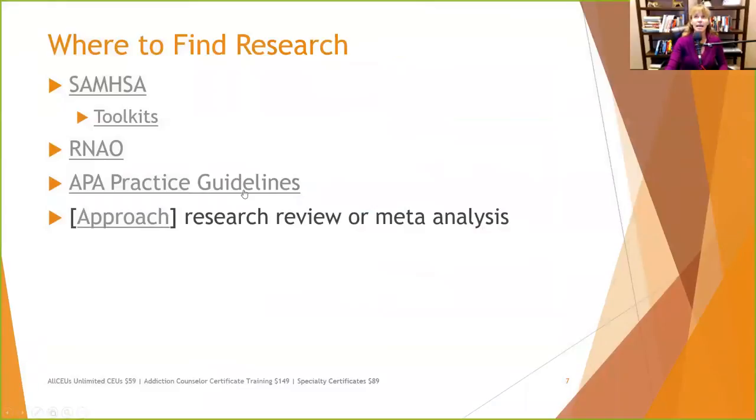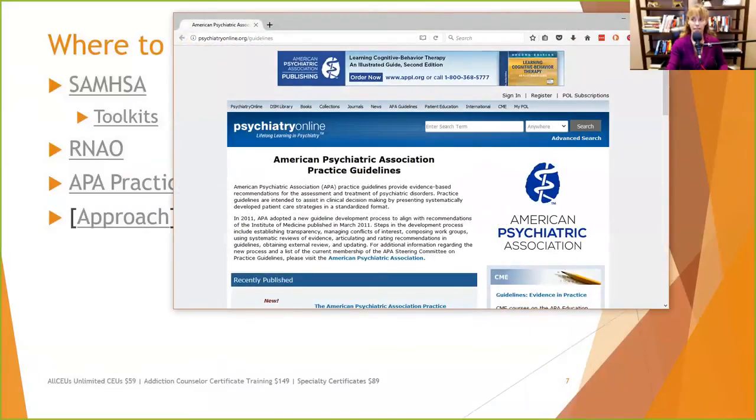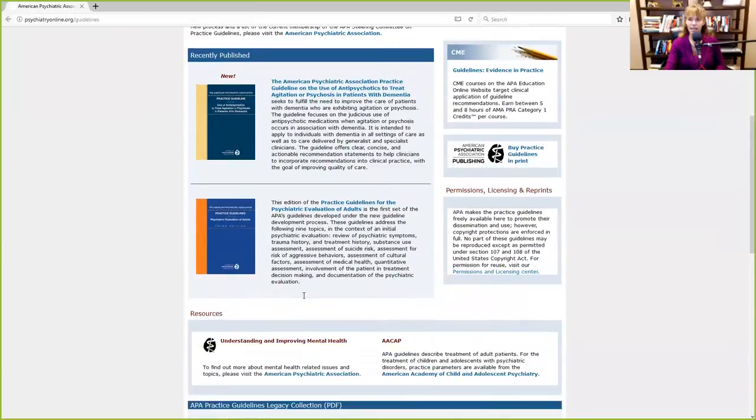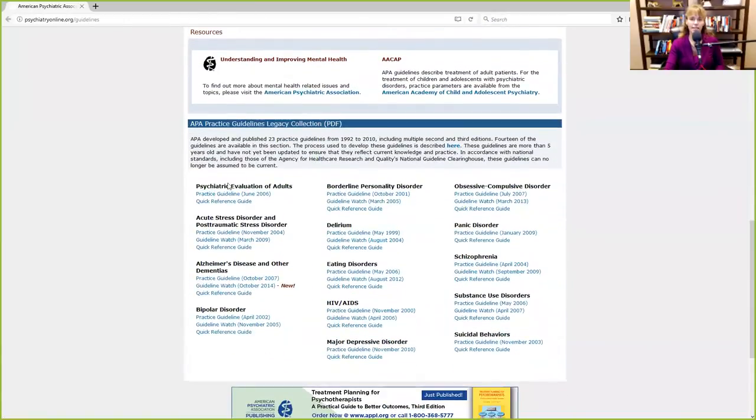The APA, the American Psychiatric Association, also has practice guidelines, and they're for free. You just scroll down here and you say, what are we looking at? Psychiatric guidelines, quick reference guide, you can look at their guideline for acute stress and PTSD.